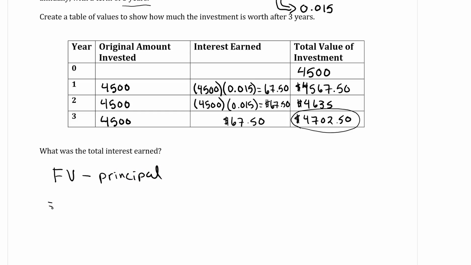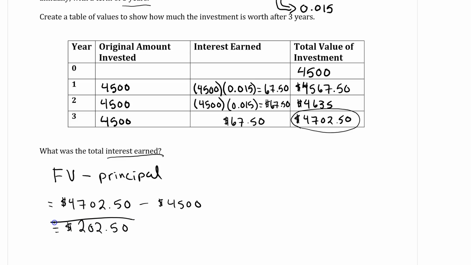So our future value here is $4,702.50 minus the principal, which is $4,500, and we get the total interest earned being $202.50.